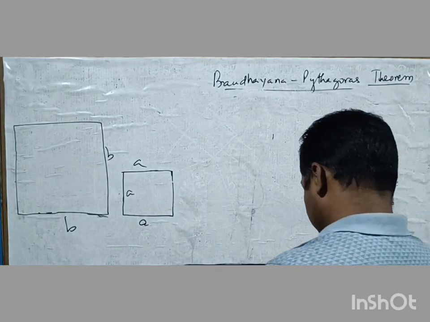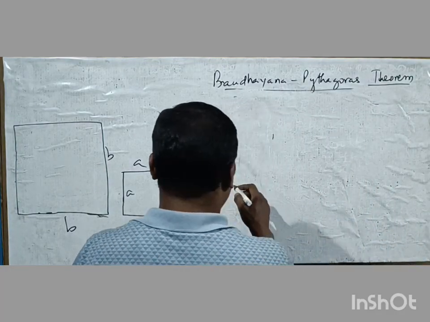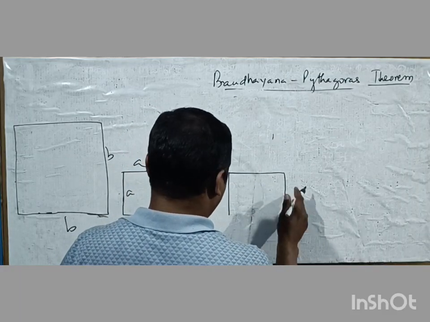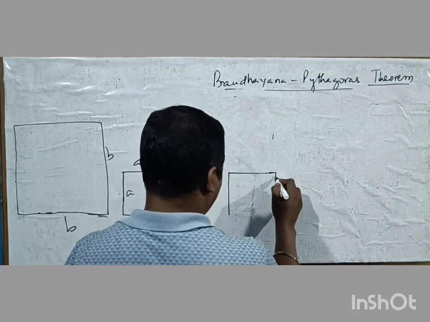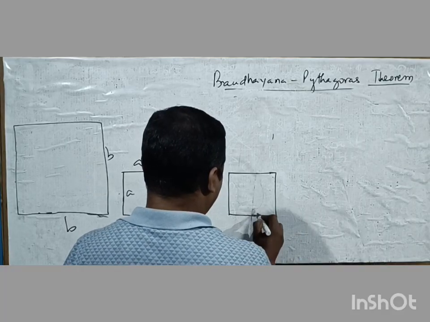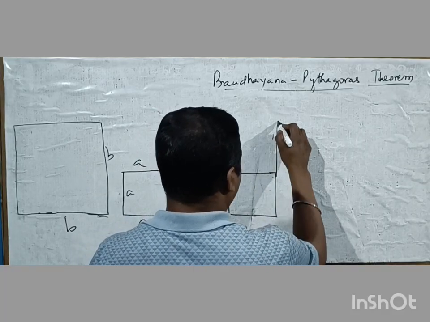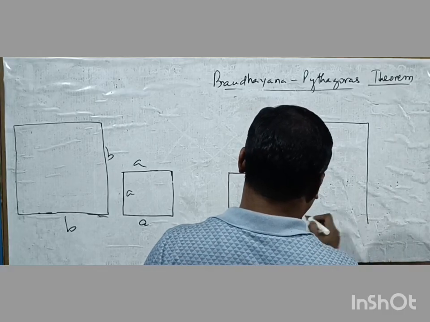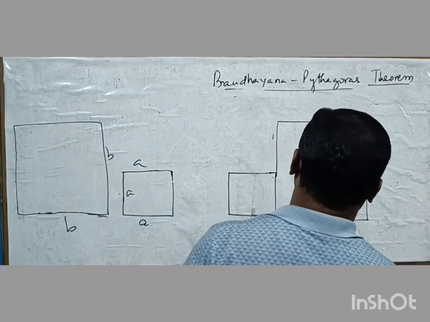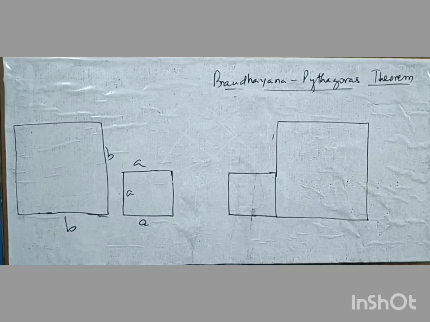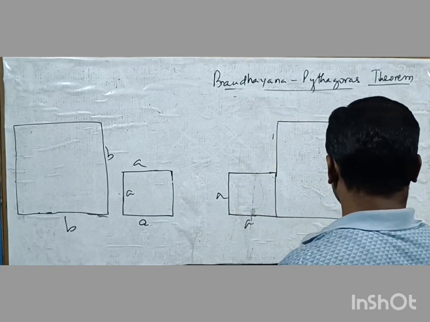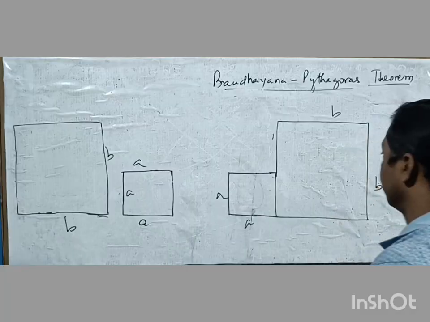Okay. So how to draw? Let me imagine the first one is a smaller one and the second one is the bigger one. Okay. Suppose this is A, this is B. Okay.